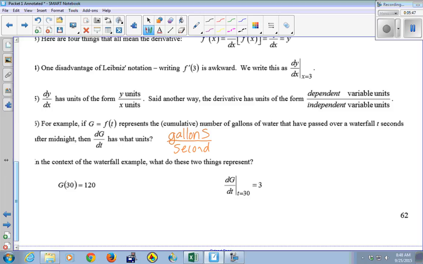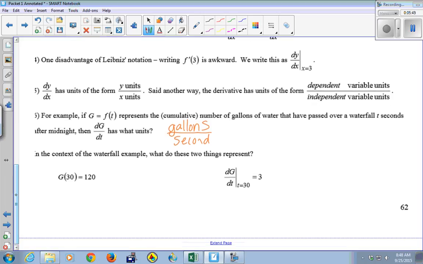All right, so in the context of this same waterfall example, no derivatives involved here. It just says G of 30 equals 120. What does that mean? At 30 seconds, 120 gallons have gone over the waterfall.